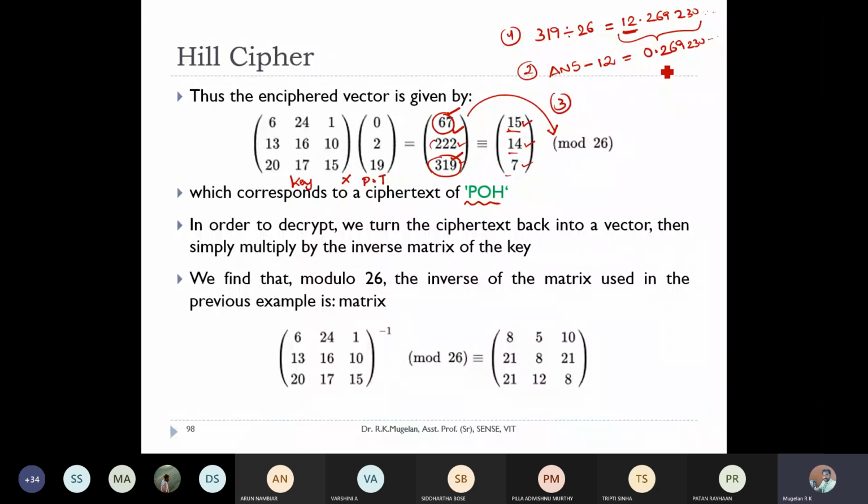Third step: take this decimal answer, 0.2 and so on, and multiply it with 26. Can you tell me what answer you're getting here? Anyone? 6.83.